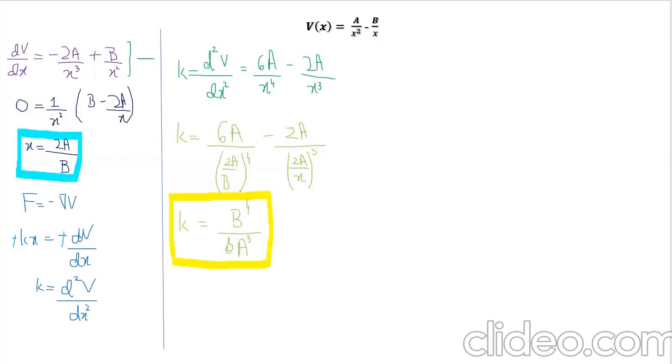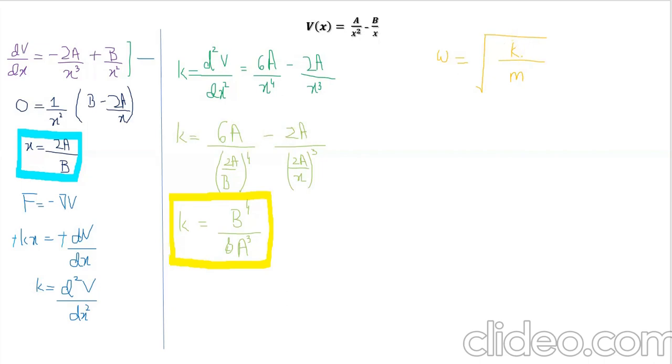Now, as mentioned in the question, we have to find the frequency. To find the frequency, we will use the general formula ω = √(k/m). Here k is the spring constant and m is the mass.